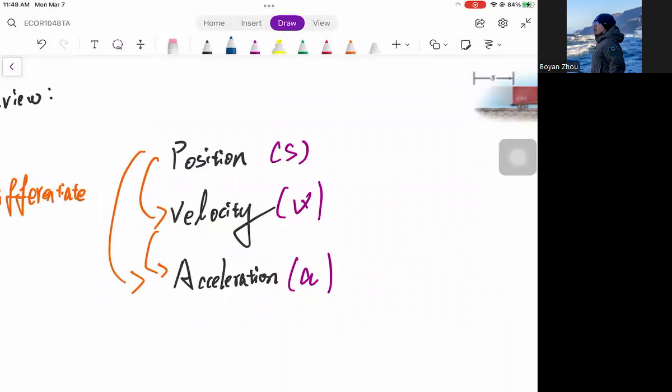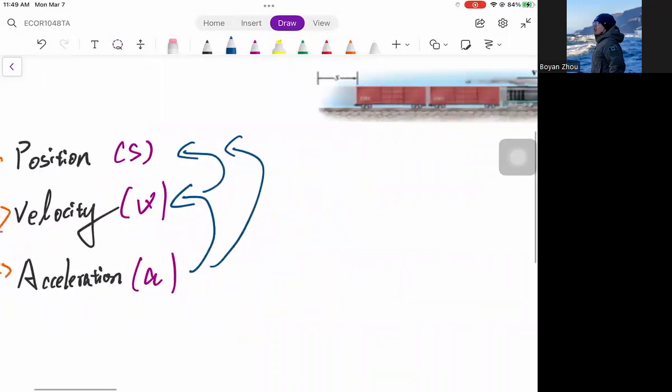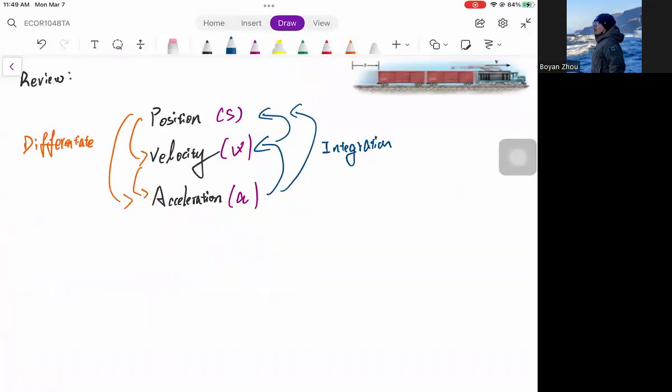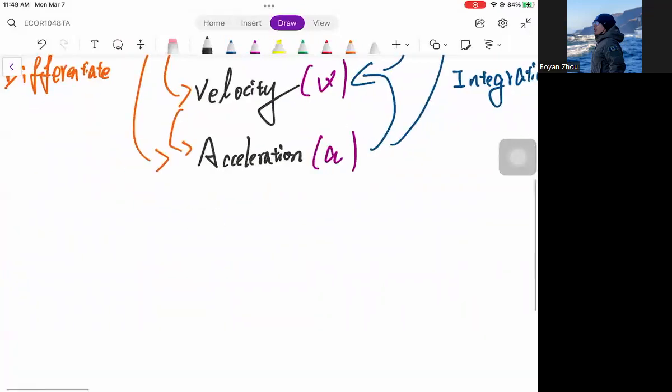And if you wanna go back, from acceleration to velocity, from velocity to position, and also acceleration to position, we're gonna do the integration. Those are about the theory, and now we go to the equations.